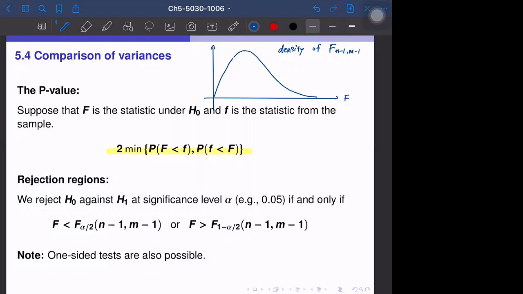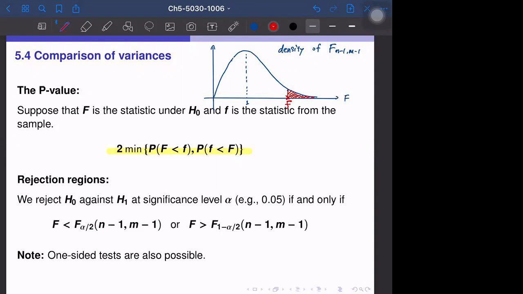The center is around 1. Once you observe the F value, for example, the F value is here, and we write it as small f, then the p-value is 2 times this area.